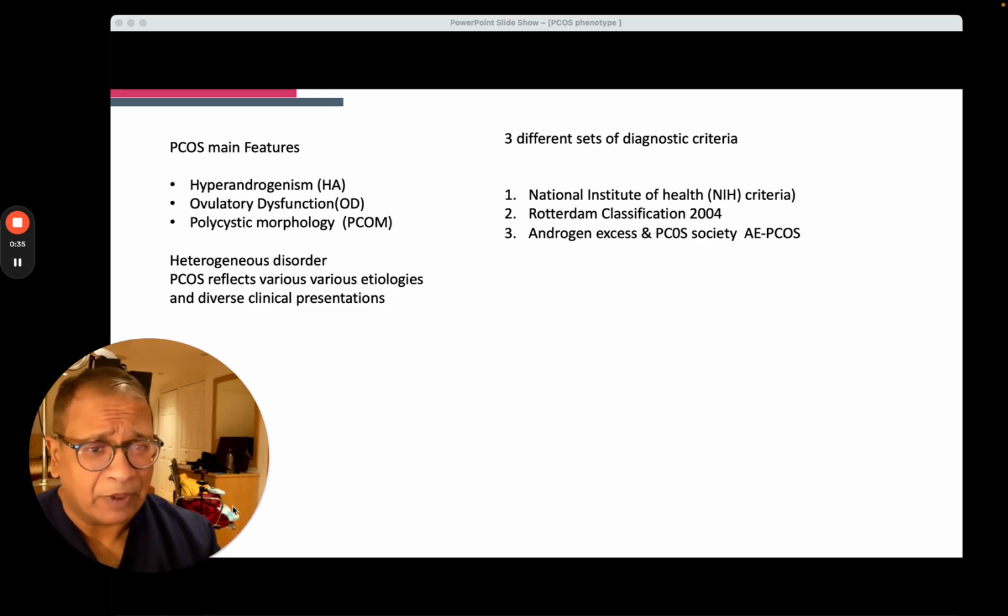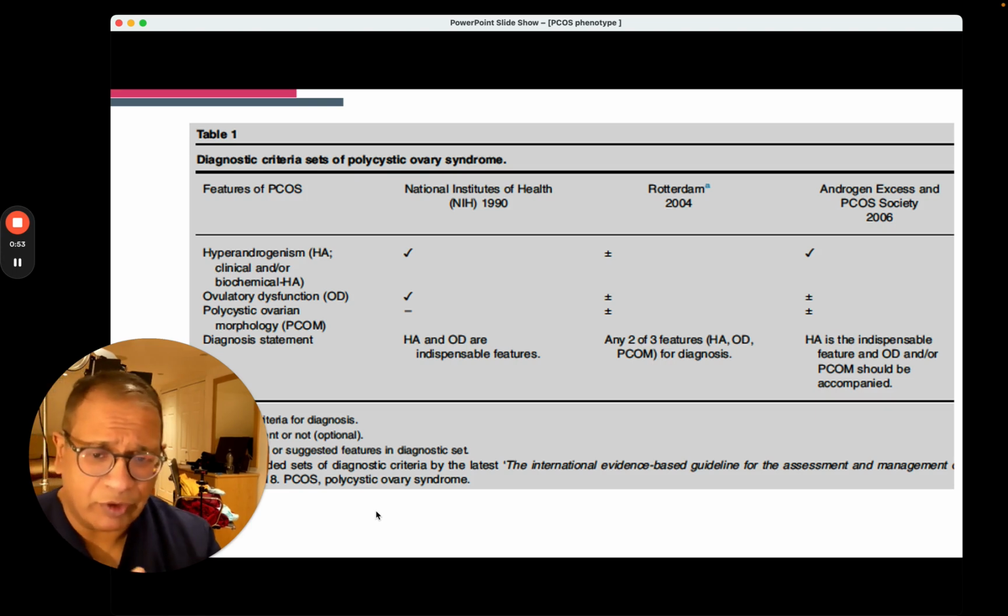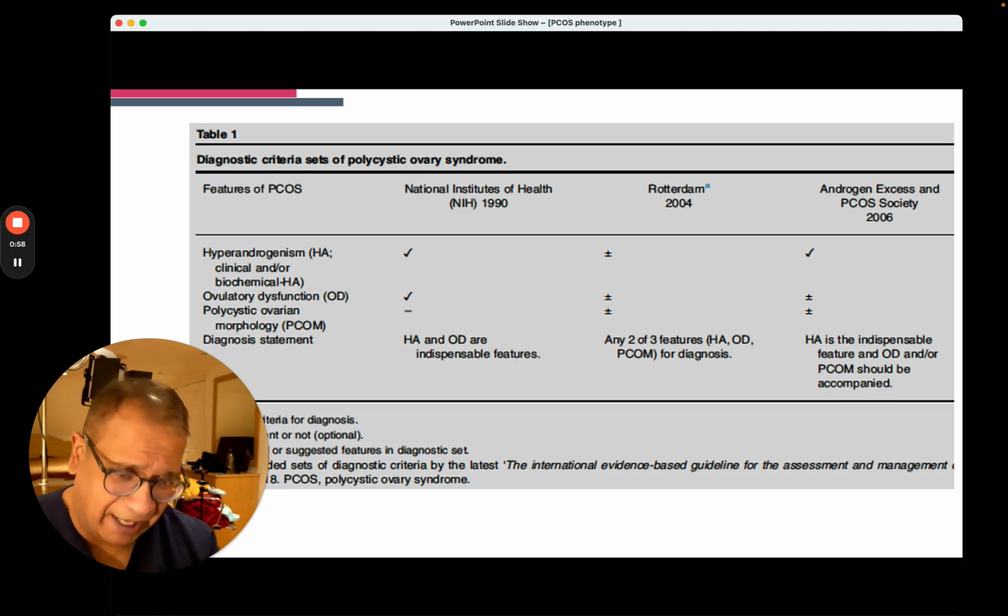So now, the three different diagnostic criteria: the National Institutes of Health, NIH; the Rotterdam classification of 2004; and the Androgen Excess and PCOS Society classification. If you look at all three, there's something there and something not there.